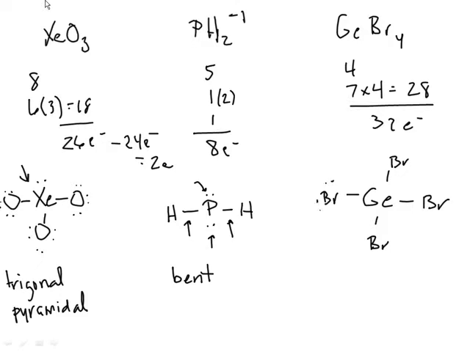Bromines all have access to 8 electrons, as does the germanium, and my Lewis structure is complete. To figure out shape, I look at my central atom and see it's got 4 things bonded to it, which means that this shape is tetrahedral.